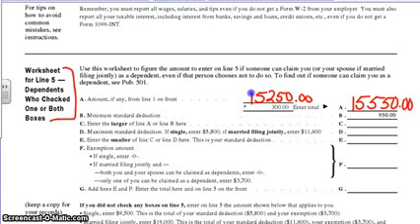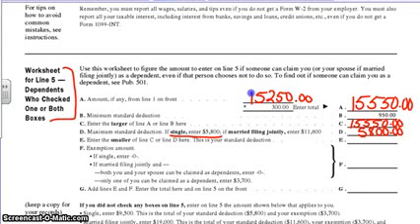That's already done for us, so we don't need to worry about it. Line C, it says enter the larger of line A or line B. Well, clearly line A is significantly larger than line B, so we're just going to carry that $15,550 on down. Line D, it says if you are single, you're going to enter $5,800. If you're married and filing jointly, you're going to add $11,600. We are single, so that $5,800 is going to be added on to line D.